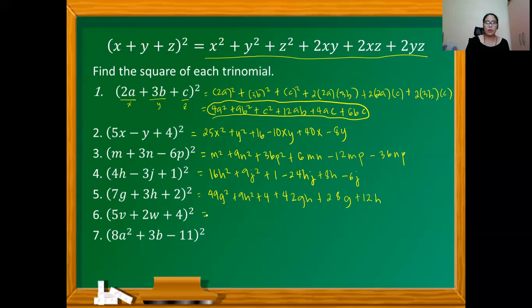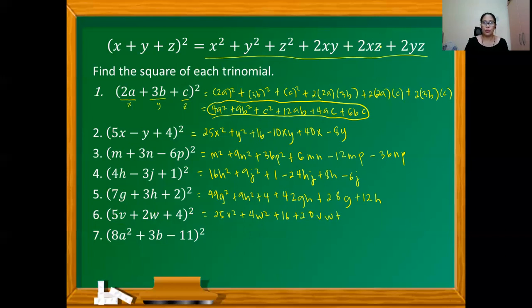So for number 6, we'll get the square of the first, the second, and the third term. So we have 25v squared for the first term, and then 4w squared for the second term. And then we have the square of 4, 16. And then 2 times the first term times the second term. So this is 2 times 5, 10 times 2. So this is 20vw.